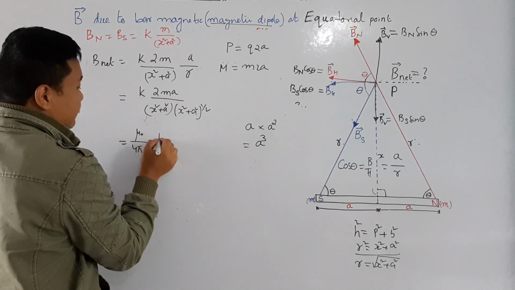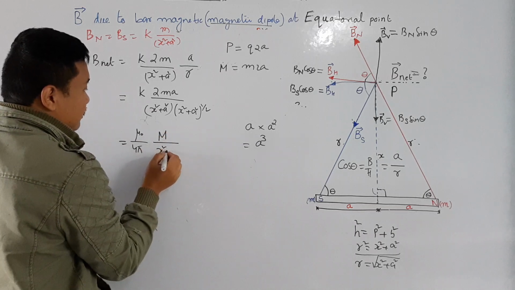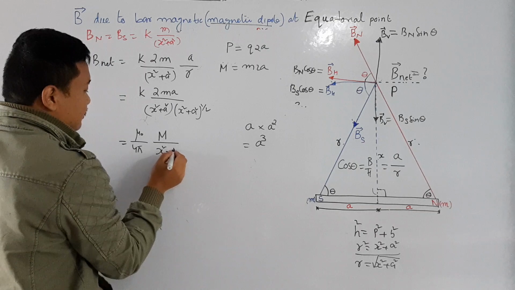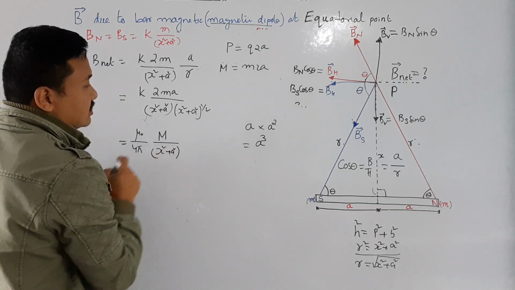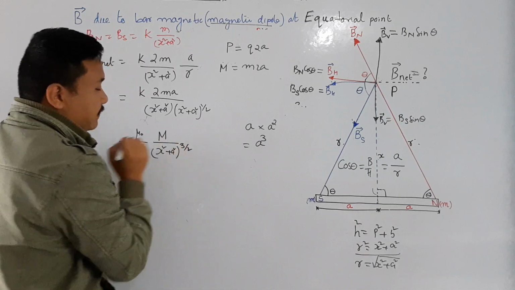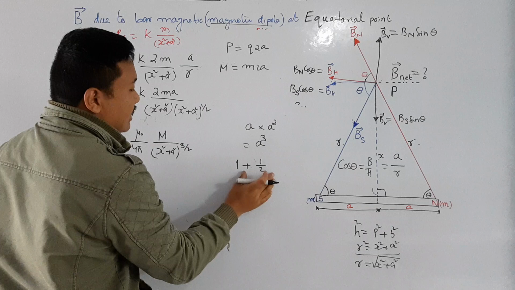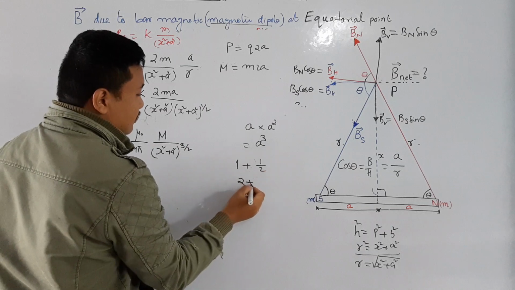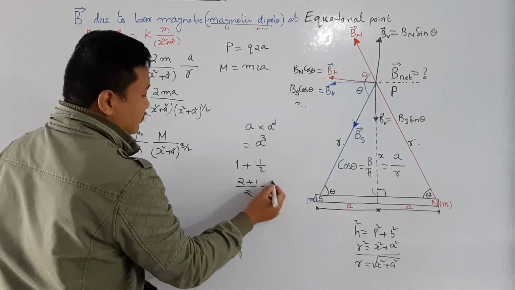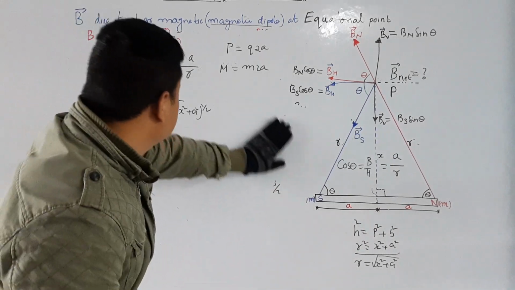So this can be written as magnetic moment divided by x to the power 2 plus a to the power 2, whole to the power how much? 1 plus 1 by 2 will give me 3 by 2, because we have to add the powers. Then this will become 2 plus 1 divided by 2 equal to 3 by 2, taking the LCM. So this is done.